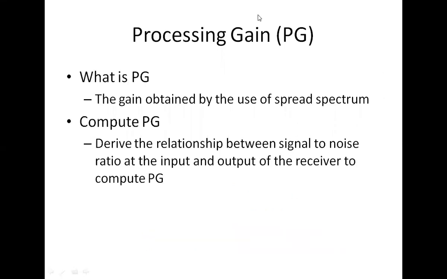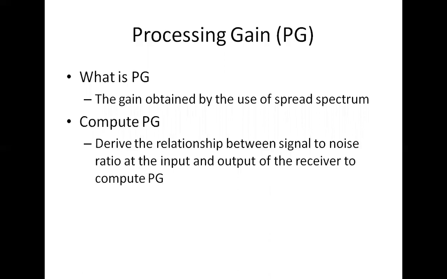Now, another important term in the spread spectrum modulation is the processing gain. What is this processing gain? Basically, it tells us about the gain obtained by spreading and despreading, because we spread the spectrum at the transmitter and transmit, and at the receiver we despread the spectrum to recover the message signal.